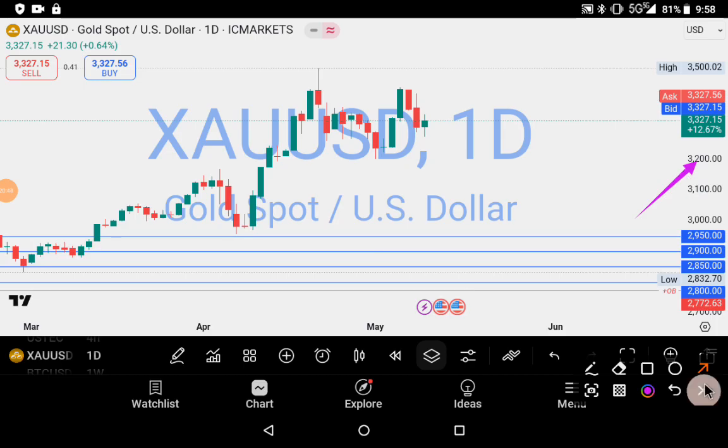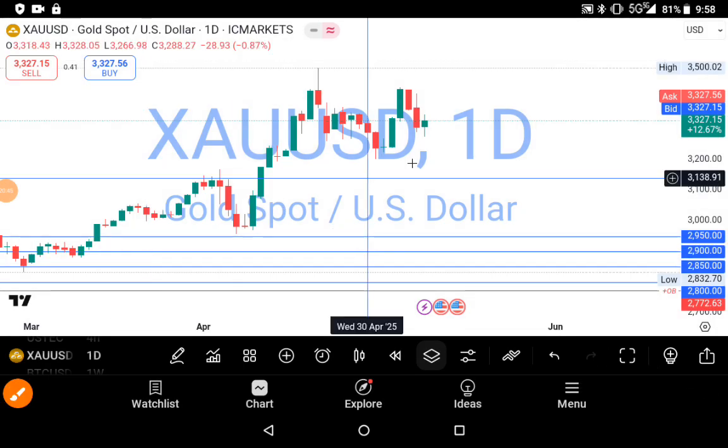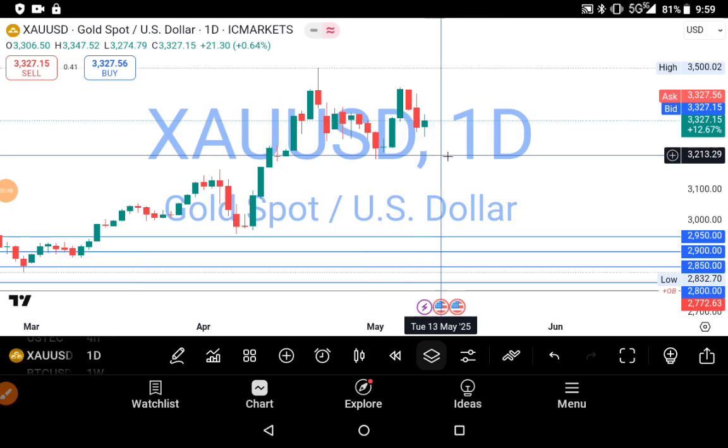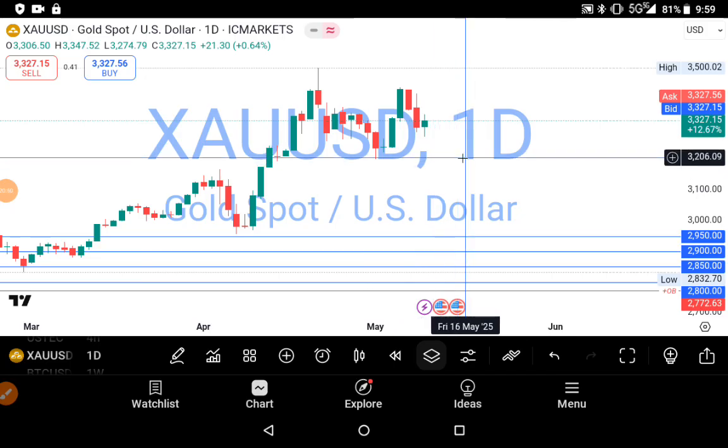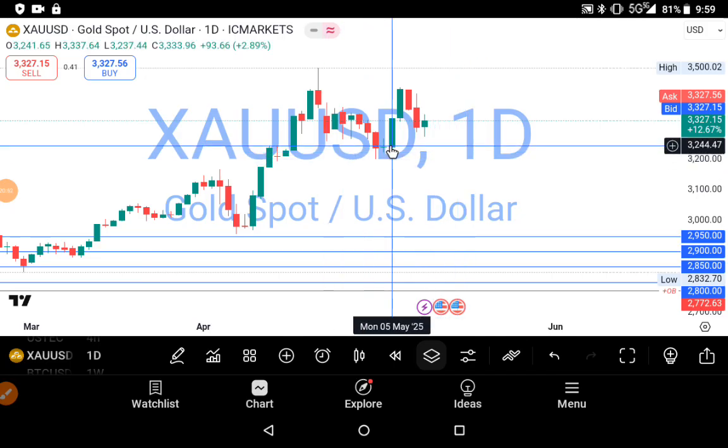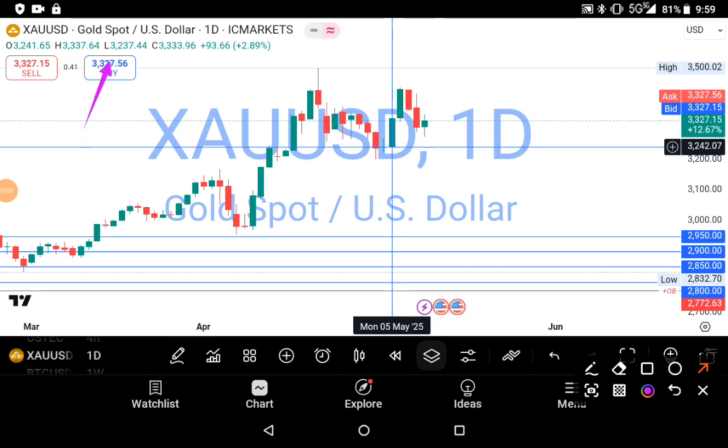So what happened last week? The market price was unable to cross below 3,200. The low of that particular candle that started the bullish movement on Monday was 3237.44.